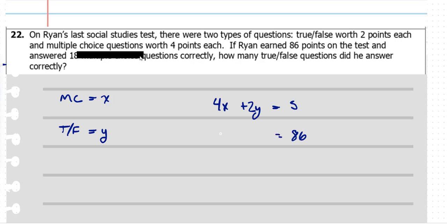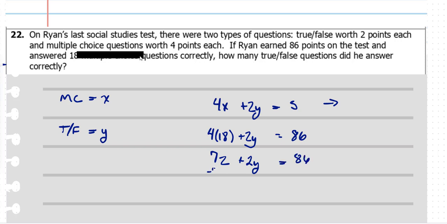We know he got 18 multiple choice questions right, so 4 times 18 plus 2y. Now, if you had written up your equations with x and y reversed, it would just reverse your variables here, and that's just fine. 4 times 18 is 72, so he got 72 points from his multiple choice.